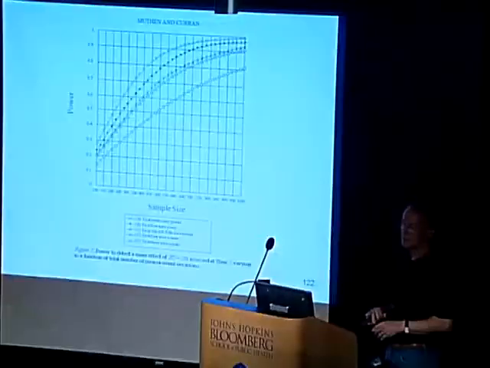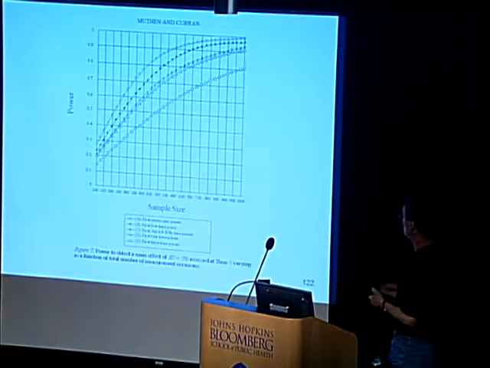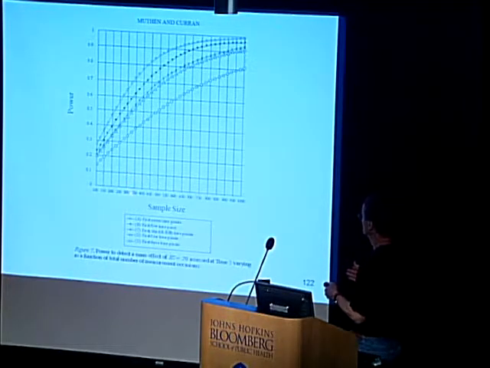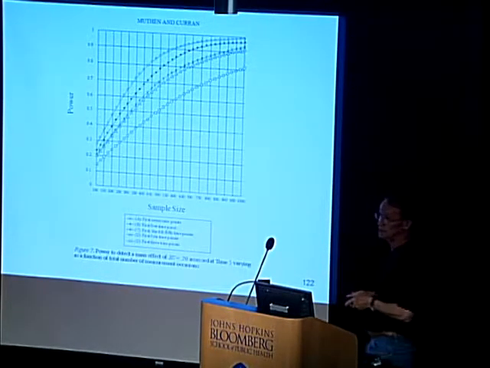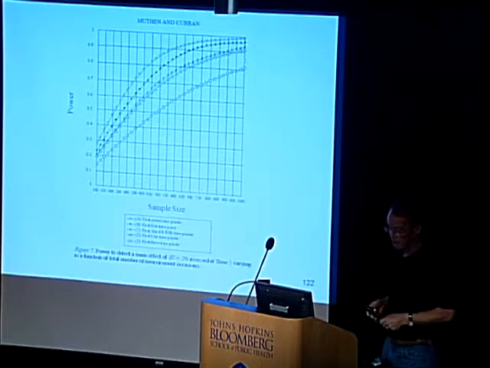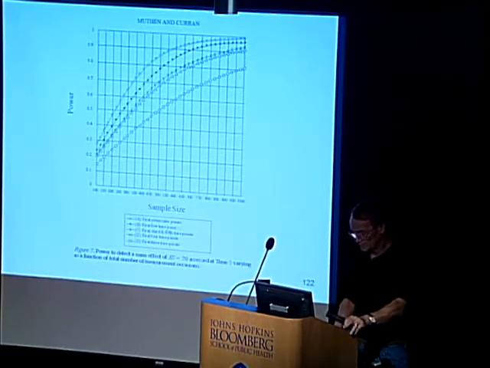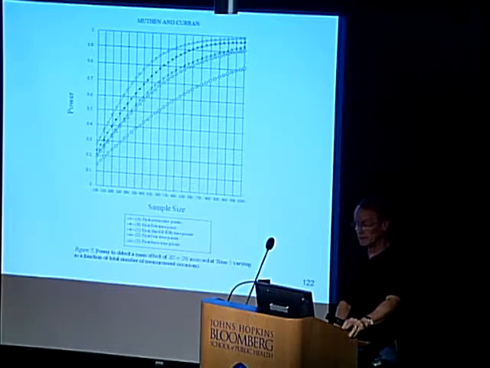And you can see in the next plot how power for a given sample size varies as a function of how many time points you use in your study. So this could be used to argue for getting funded for a certain number of time points.